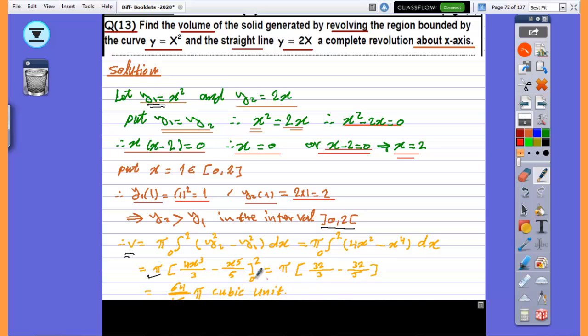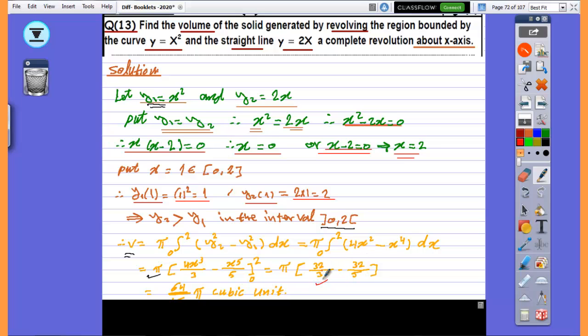Now substituting x equals 2, 2 power 3 equals 8, multiply 4 equals 32 over 3. And substituting here x equals 2, we have 2 power 5 which equals 32.